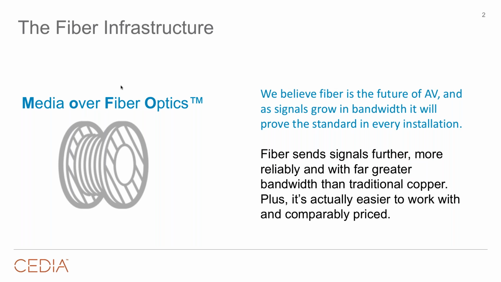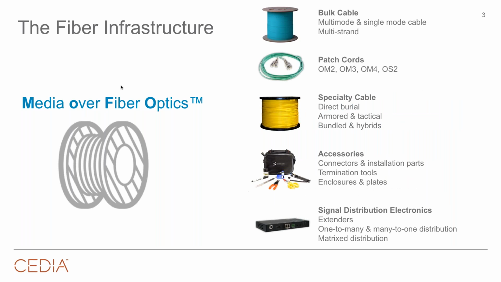And for all of you who are new to the fiber optic infrastructure, the good news is it's not that unfamiliar. The different parts of the fiber infrastructure are very similar to the copper infrastructure. So we see things like bulk cabling, right? We're all used to pulling cable and terminating it in the field.